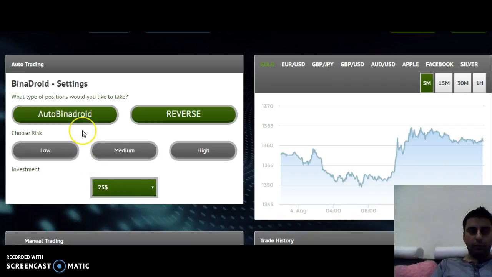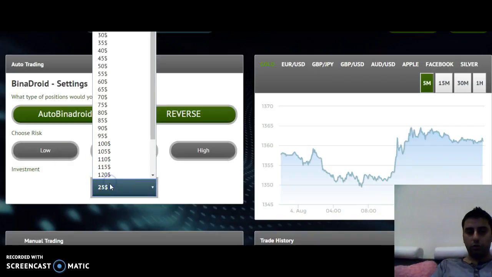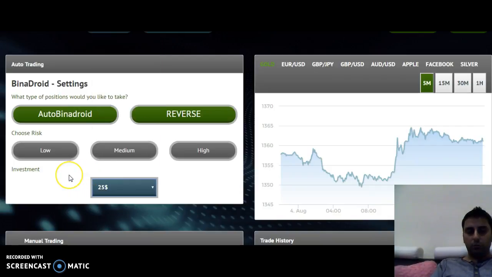Over here on the left-hand side, you've got the auto Binadroid, the reverse function, the risk exposure, which is broken and classified into low, medium, and high, and then the investment amount of how much a trader wishes to place per trade.